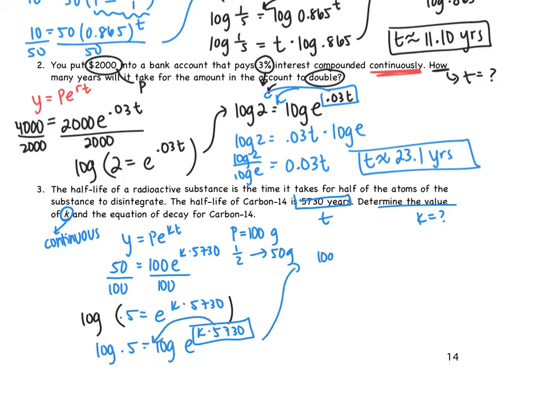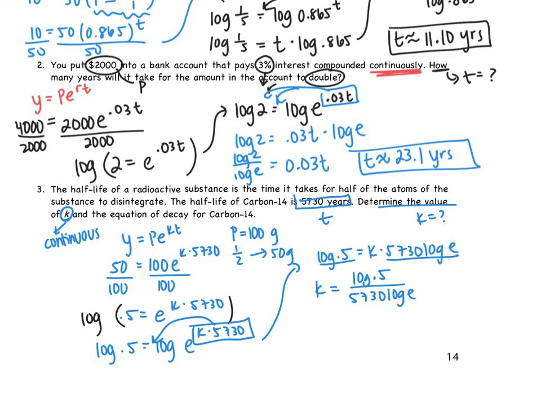So we end up with log of 0.5 is equal to k times 5,730 log of e. If k is what I want, I'm going to divide by everything that I don't want. So I'm going to divide by that 5,730 log of e.